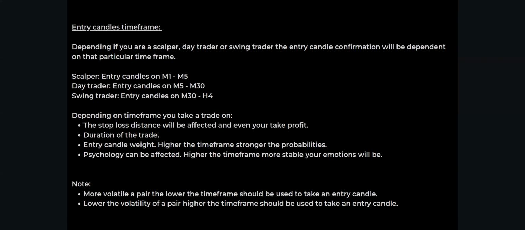Because at a high volatility pair, the pair moves very quickly, right? So you have to take those entries a bit quicker than a pair where the volatility is much lower. Because when a pair is lower in volatility, we want to wait and see the seller and buyer's sentiment on a bit of a higher time frame. Because on a volatile pair, we can see those sentiments in a lower time frame quickly.